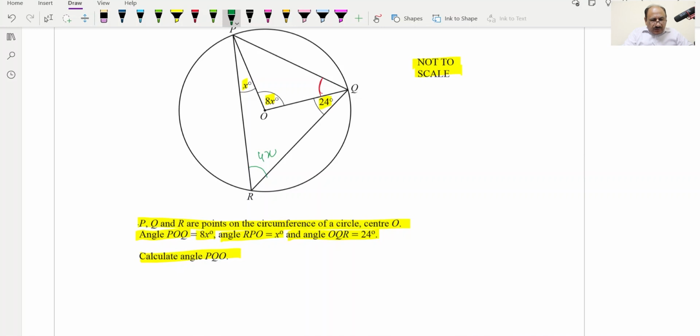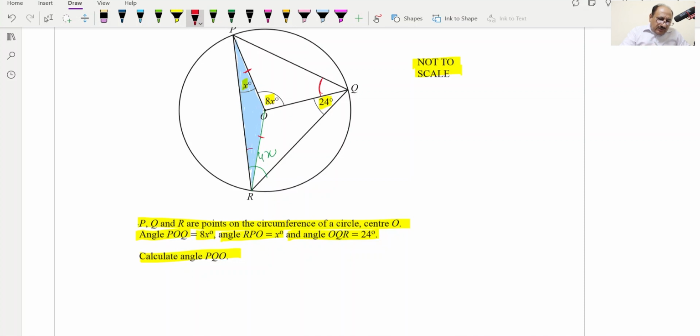If we draw a line over here, this will be the triangle which we are discussing. In this triangle, one angle is x, and this one is the radius of the circle, this is also a radius of the circle.